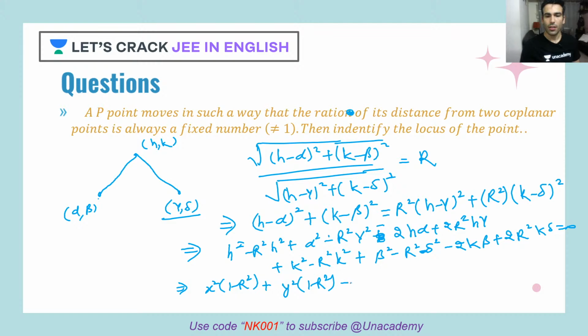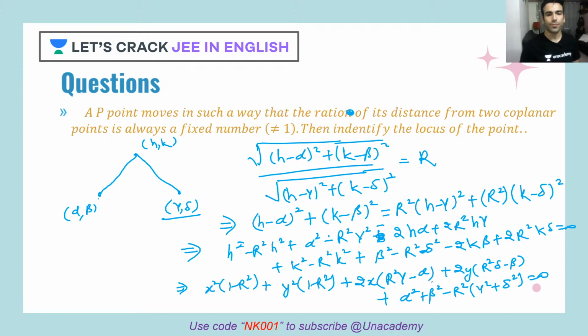Then I'll have 2x as common, so I get R square gamma minus alpha. Similarly, twice y, R square delta minus beta, plus alpha square plus beta square minus R square (gamma square plus delta square) is equal to 0.